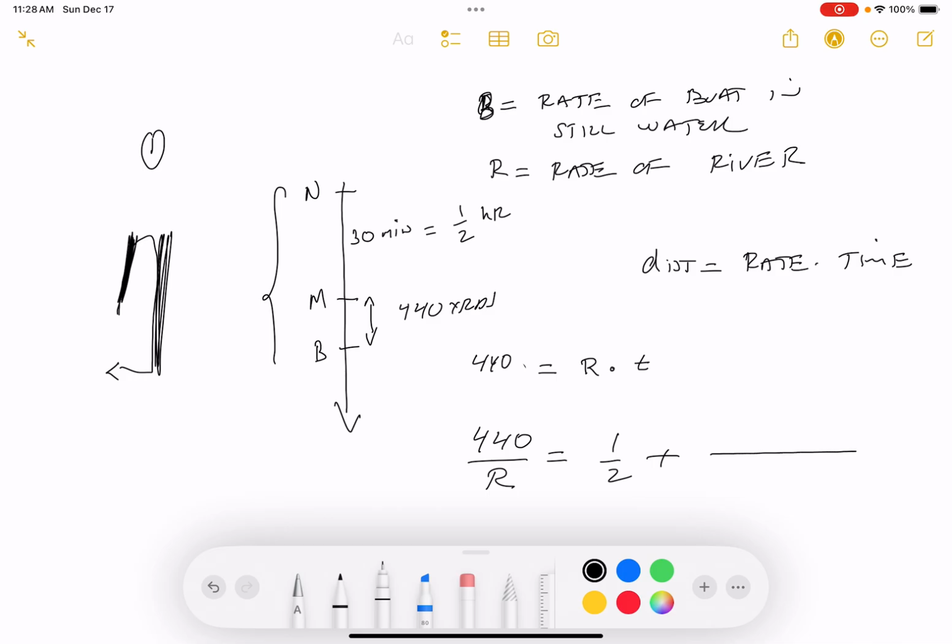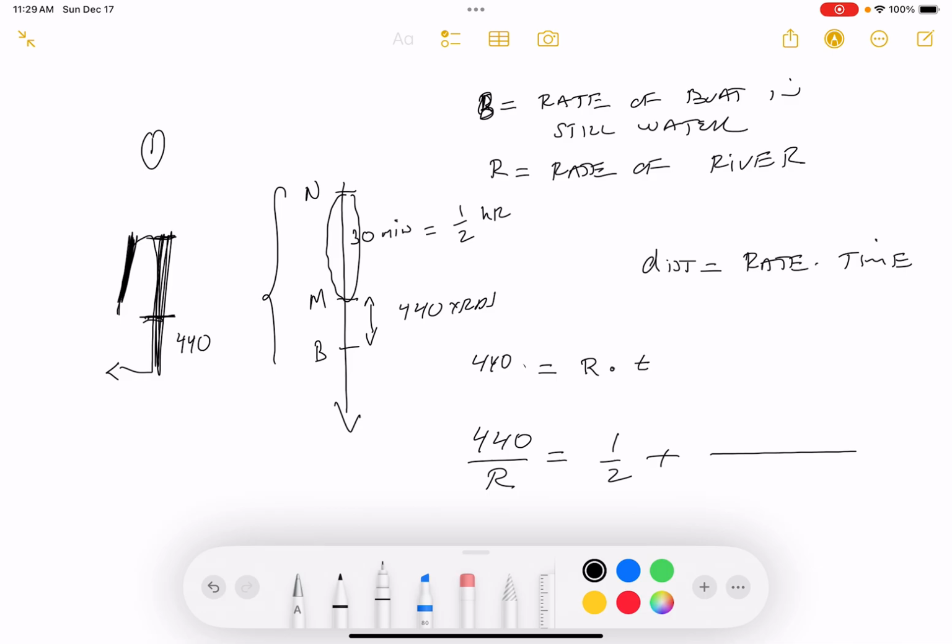All right, this is going to be another problem for me. And going downstream, what I do know, I know he goes 440 here. That's the distance, by the way. But what's the distance over here going to be? I think I could figure that out, because the distance going upstream, right? It took him 30 minutes to do that, which is a half an hour.